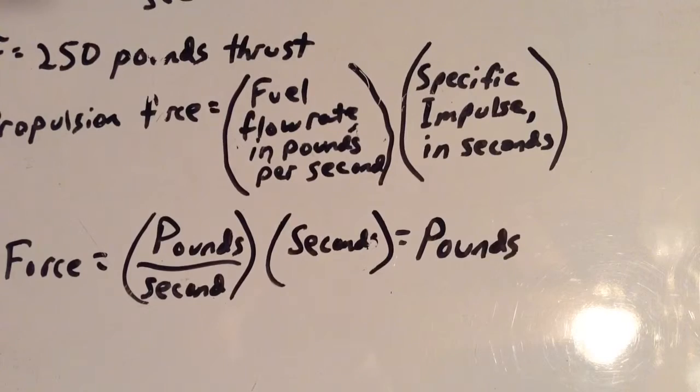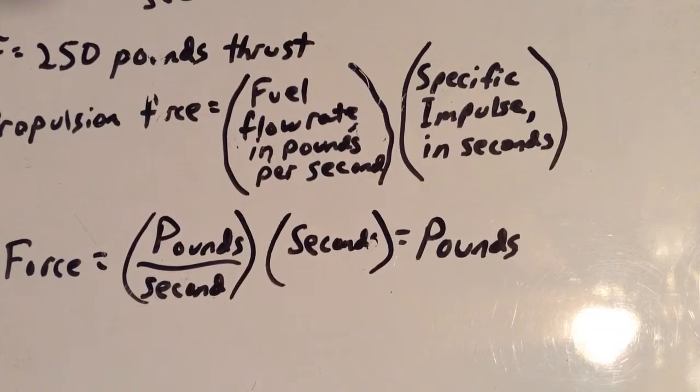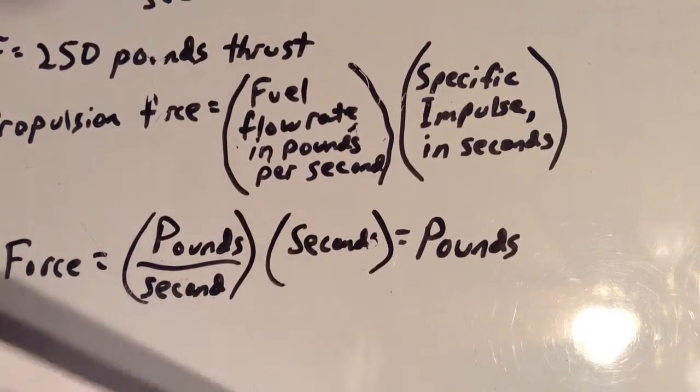So if the X-15, the first vehicle that went into outer space back in the 60s, maybe 50s, burns 20,000 pounds of fuel in 80 seconds with a specific impulse of 250 seconds, how much thrust is developed?